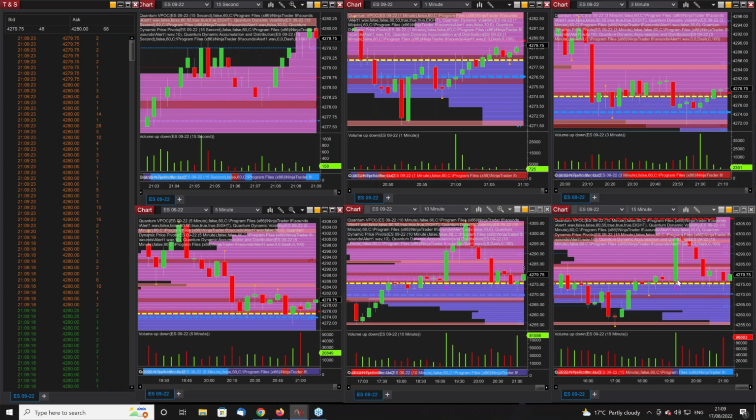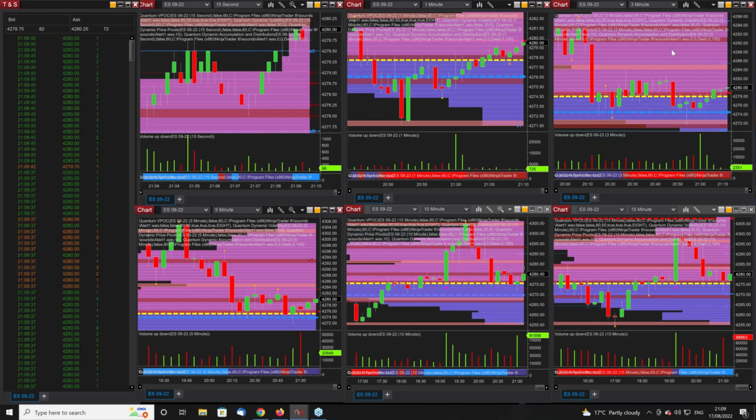And there's one aspect of trading which applies, and I kind of alluded to it when I was talking about the currency heat map. Time trumps everything. The slower the time frame, the greater the significance. So the significance of this on a 15-minute time frame is more significant than on a 10, is more significant than on a 5, down to the 3, 1, 15 second, etc. So whatever happens on a slower time frame is always going to carry more weight and be more significant than what is happening on a faster chart downstream of it.